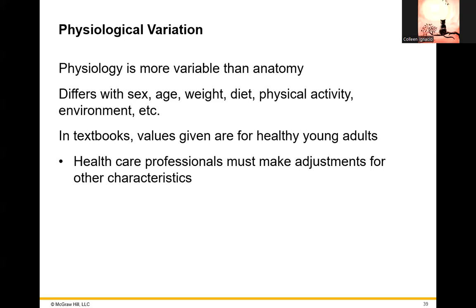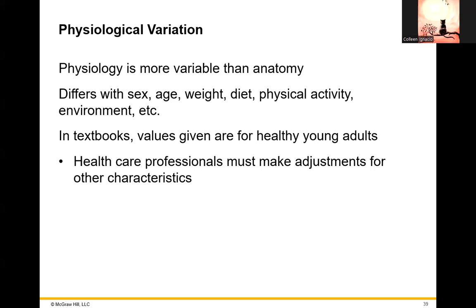Maybe someone was born with all of the extremities and parts that they're supposed to have, but there could have been an accident, and they have lost an extremity or an appendage or an organ. Physiological variation can change with the gender of the individual, the age, the weight, diet, physical activity, and environment.